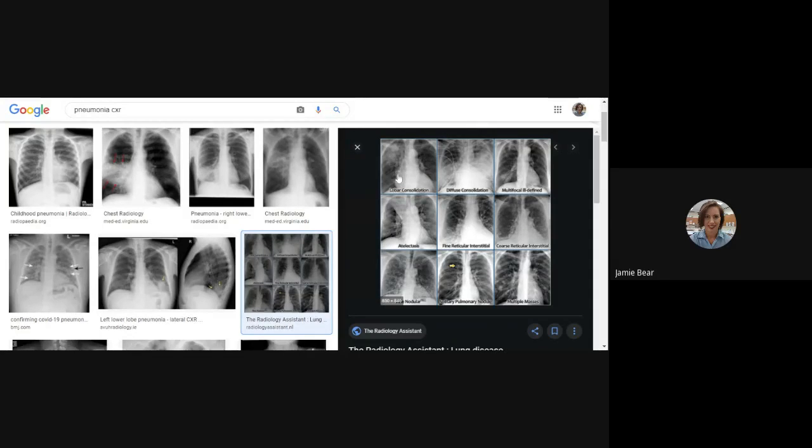So here's lobar consolidation. So you guys, when you're thinking of a pneumonia process, it's generally focal, okay?